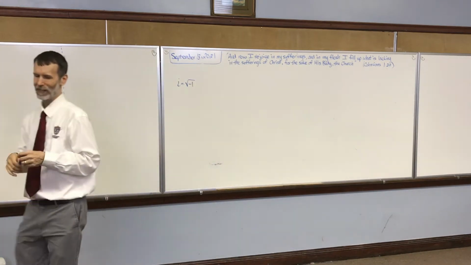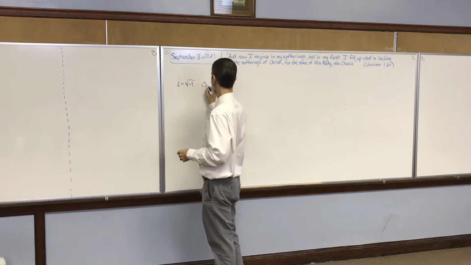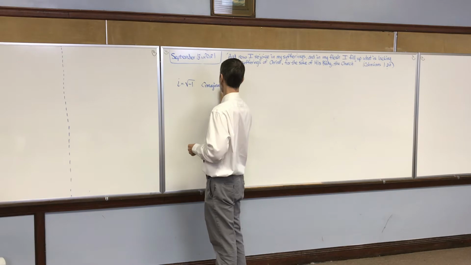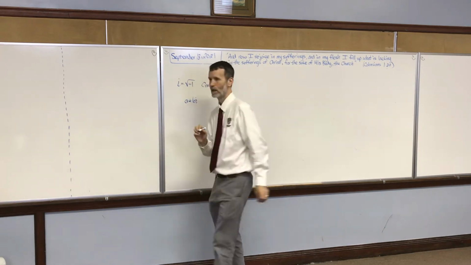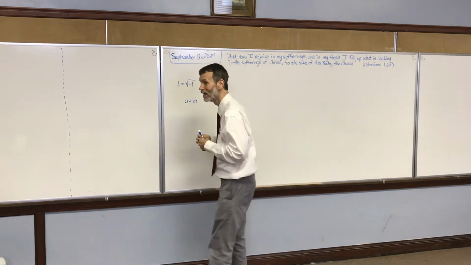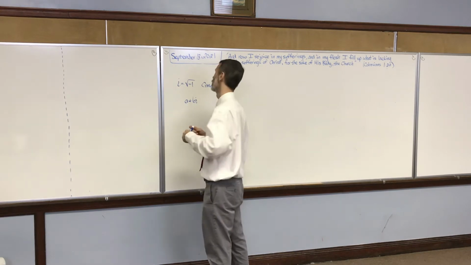Nate, what is a complex number? Correct. What does that mean? A is a number and B is a number. What kind of number? Say it again. A real number, yeah.